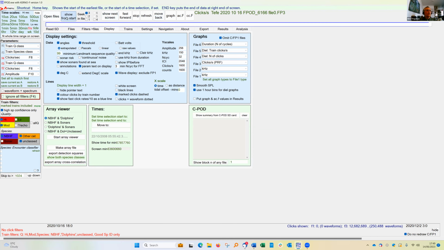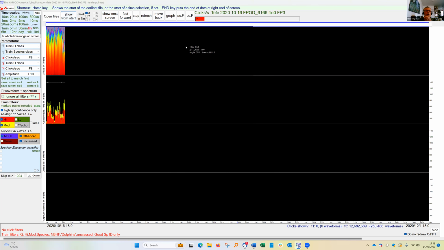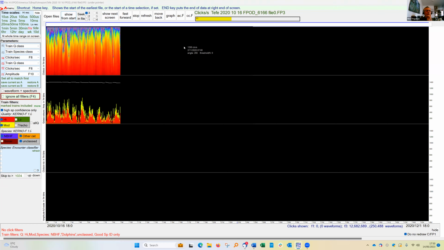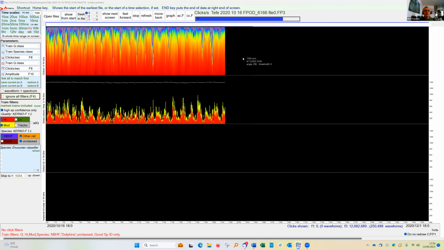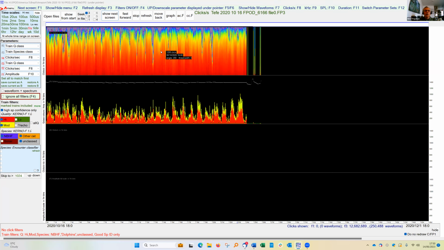Okay, show from start. There's a lot of data in this file. It's a very high density of animals there. There are some Tucuxi, Sotalia fluviatilis, and we're not absolutely certain about what we're looking at some of the time here.